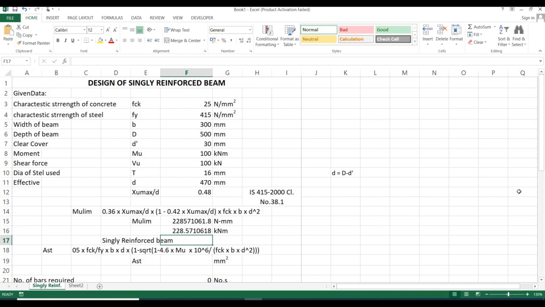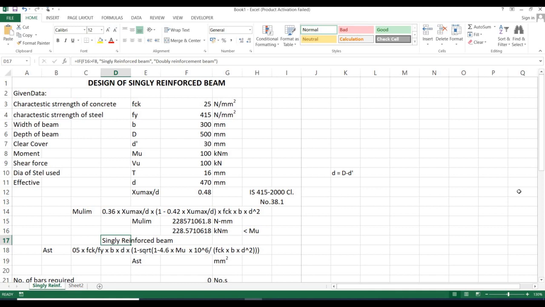Now this is less than my Mu, which is given. Since this is less than Mu, I can say this is a singly reinforced beam.